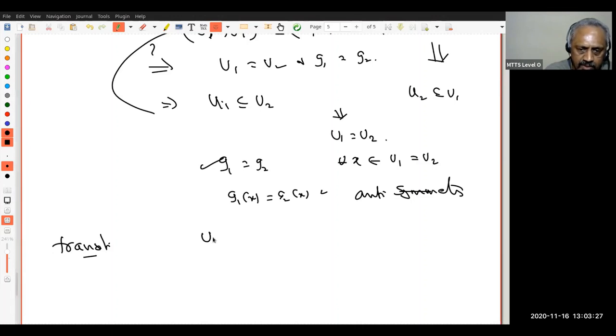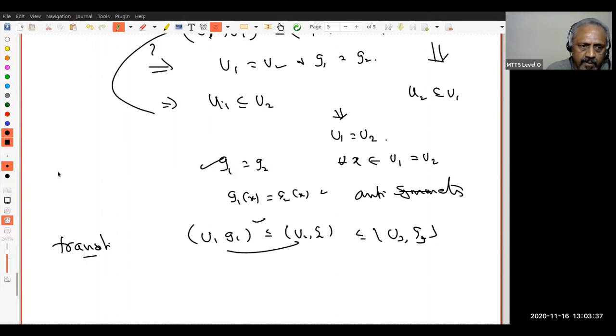So again, let us look at u1 g1 less than or equal to u2 g2 less than or equal to u3 g3. So this is given, okay, and this is given. So I have to prove u1 g1 less than or equal to u3 g3.